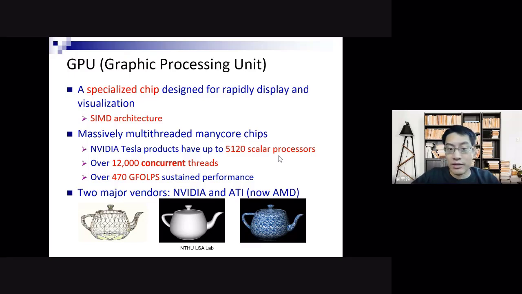And because it uses the SIMD processor architecture, the number of cores within a single GPU card can reach even thousands. Okay, and moreover, you will see that the number of concurrent threads that can be run on those cores or the whole GPU is even more than the number of physical cores. I think you probably know that for CPU we have the hyper-threading technology, which allows a single CPU core to run two concurrent threads at the same time, but that's only two.